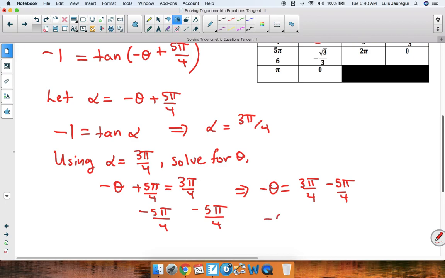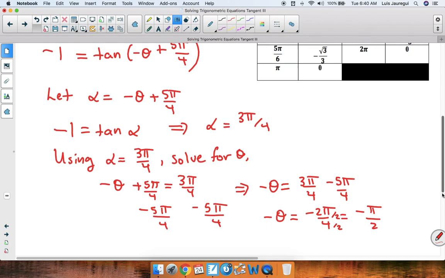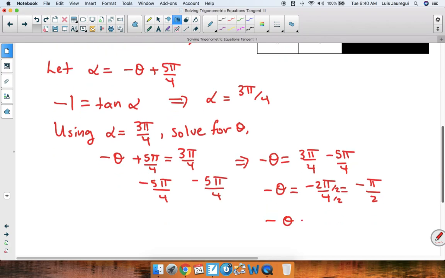So we get that the opposite of theta is equal to negative 2 pi over 4, which simplifies to negative pi over 2 after you divide both numerator and denominator by 2. Okay, so we have the opposite of theta is equal to the opposite of pi over 2.